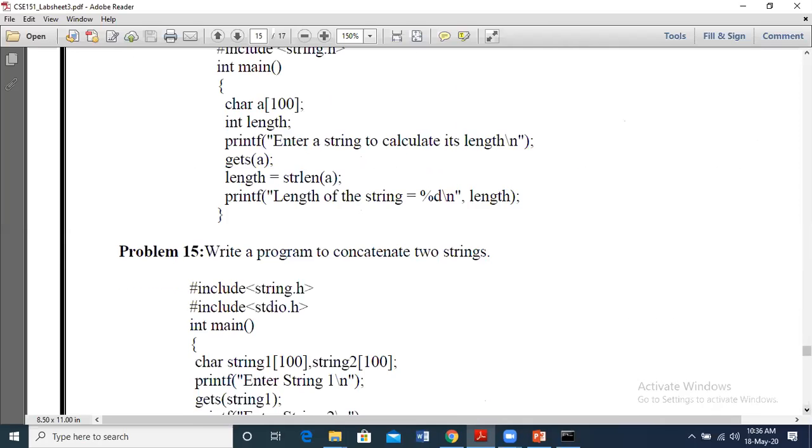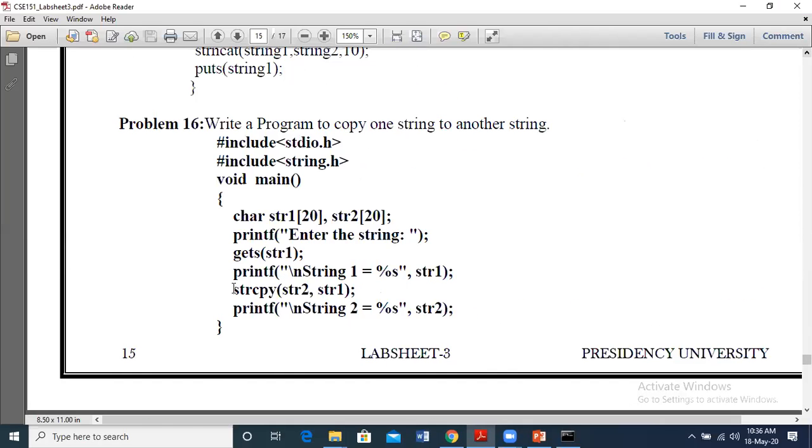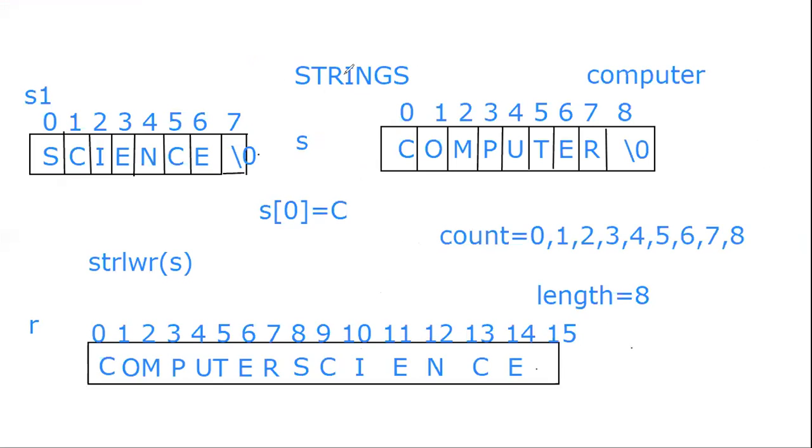If you want to compare, you give strcmp, and it will return a number. I'll just display this. If you are comparing S and S1, we write strcmp.